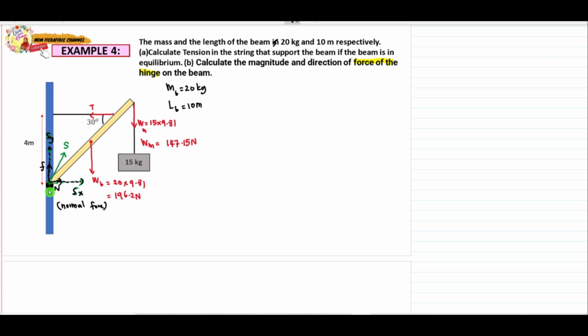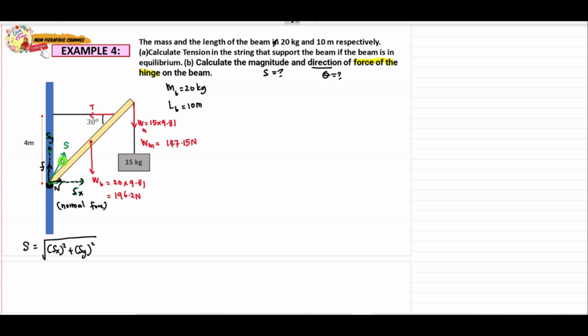And if we want to calculate the resultant supporting force, or the resultant reaction force of the hinge on the beam, we need to calculate S, where S is equal to the square root of Sx squared plus Sy squared. So question B asks us to find the magnitude and direction. We need to calculate the angle and then the magnitude of S, which is the force of the hinge on the beam. You can use S or reaction force R, no problem.